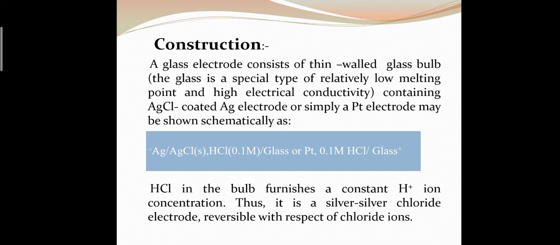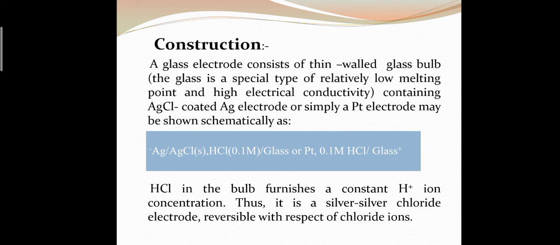The glass is a special type with a relatively low melting point and high electrical conductivity, containing a silver chloride coated silver electrode or simply a platinum electrode, which can be shown schematically as a redox reaction.